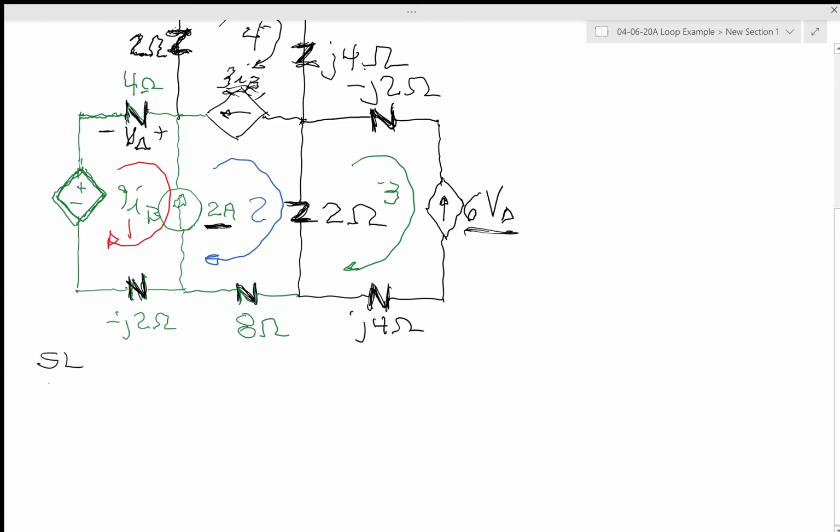The equation for the super loop in I12 is going to be, notice that I2 is in the direction of the 2 amp source and I1 is in the opposite direction. So this is going to be I2 minus I1 equals 2 amps. So there is the equation for that super loop right there.